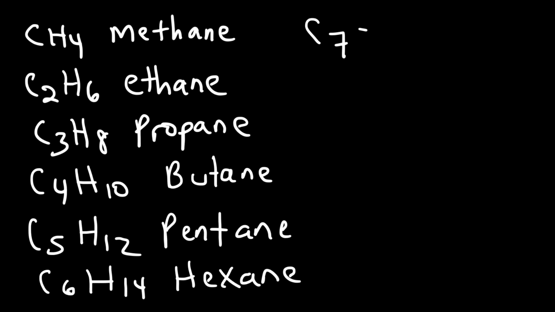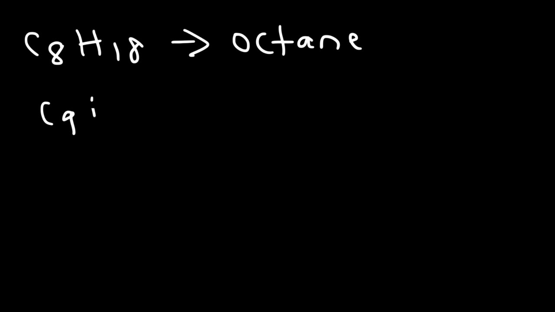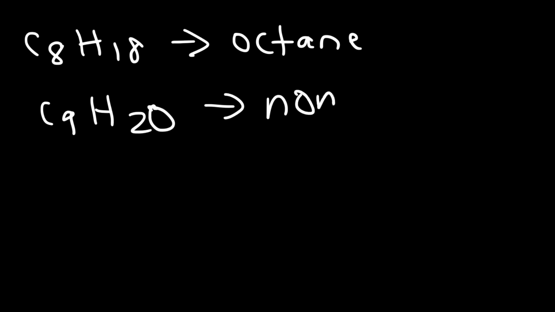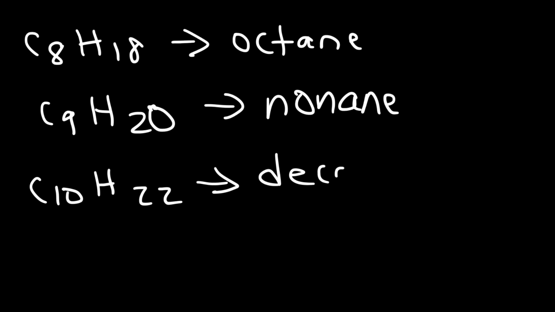C7 corresponds to heptane as an alkane. So that's C7H16. C8H18 is known as octane. C9H20 is known as nonane. And C10H22 is called decane.